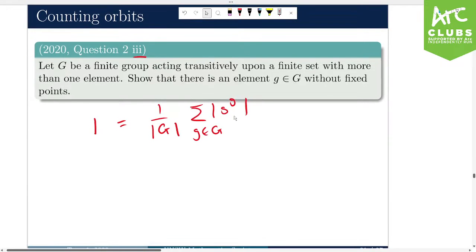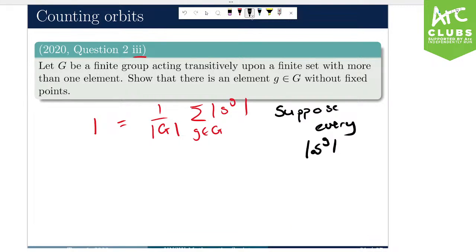And now we want to kind of cook up a contradiction argument here. So what we can do is suppose every fixed point set is greater than or equal to 1. So no elements in G don't have fixed points.